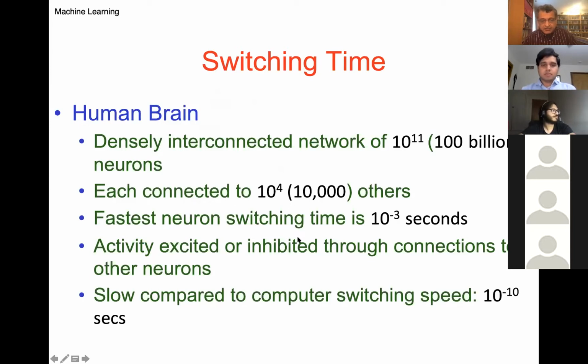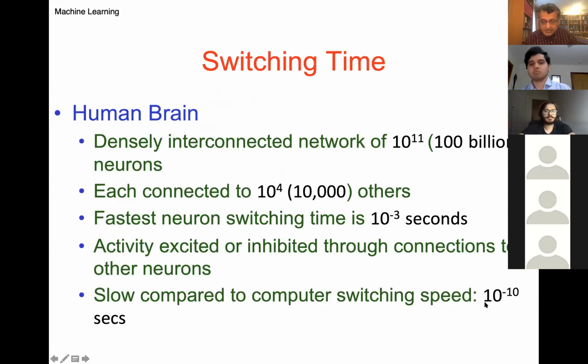And the fastest neuron switching time is 10 to the minus 3 seconds. How long does it take to accept inputs and fire? And activity is excited or inhibited through connections to other neurons. And it is slow compared to computer switching speed, which is 10 to the minus 10 seconds. Right.